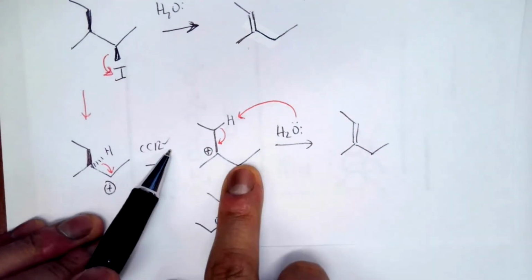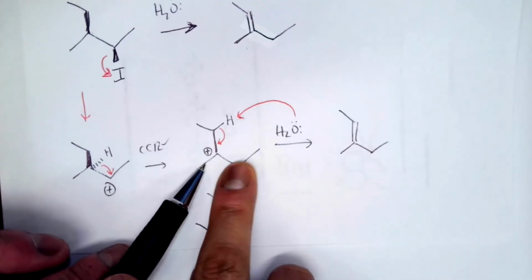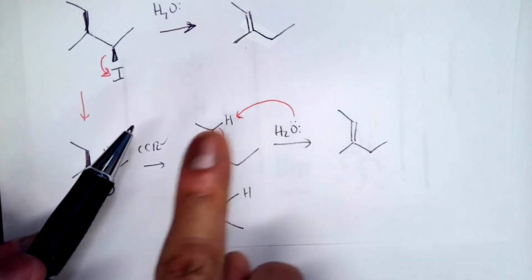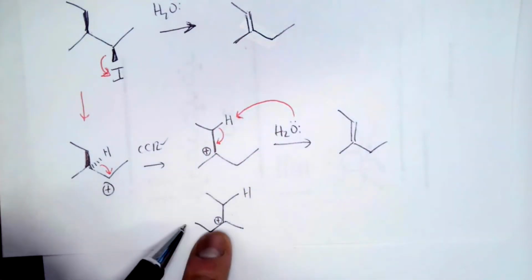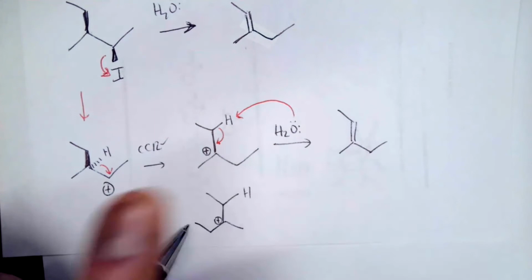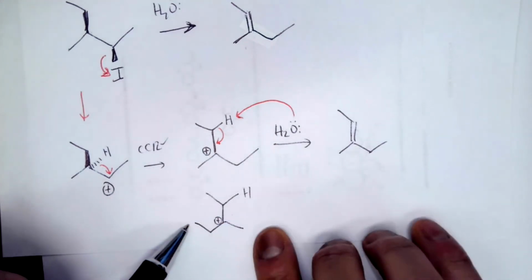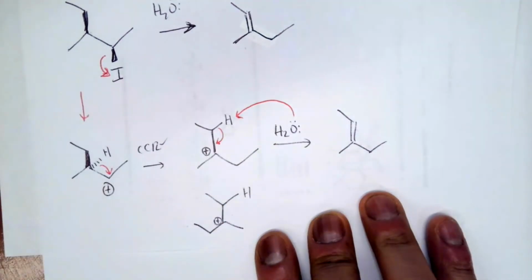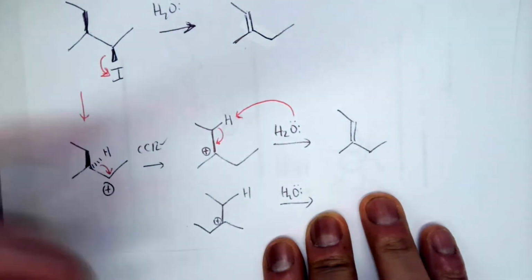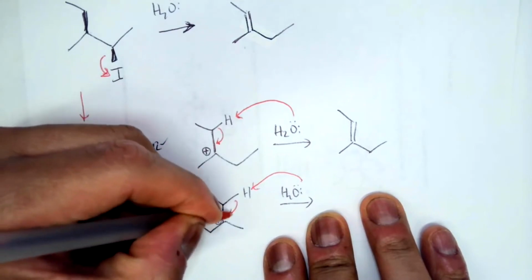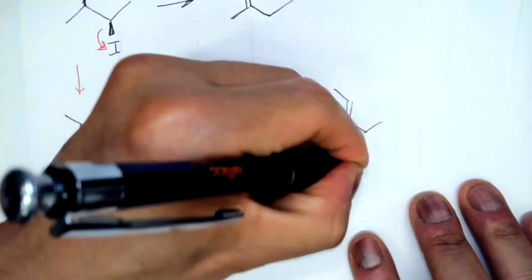The methyl and the ethyl are freely rotating like this. So the methyl can be on the right and the ethyl on the left. If you do the elimination here, you also do an elimination, but you get a different alkene.